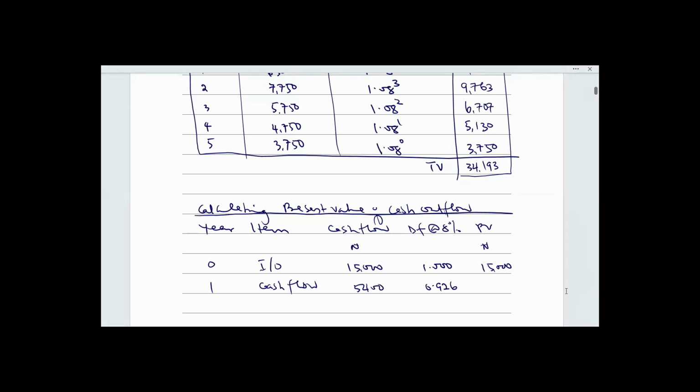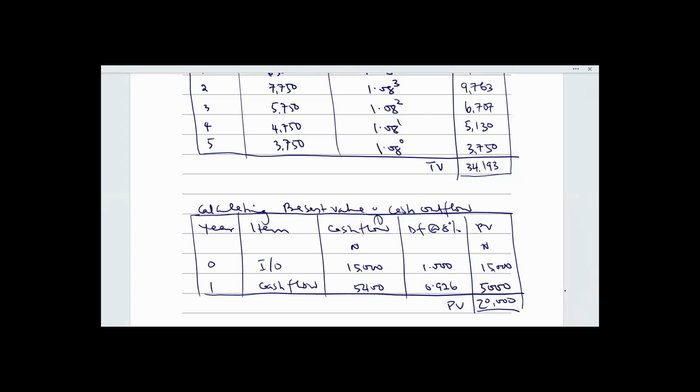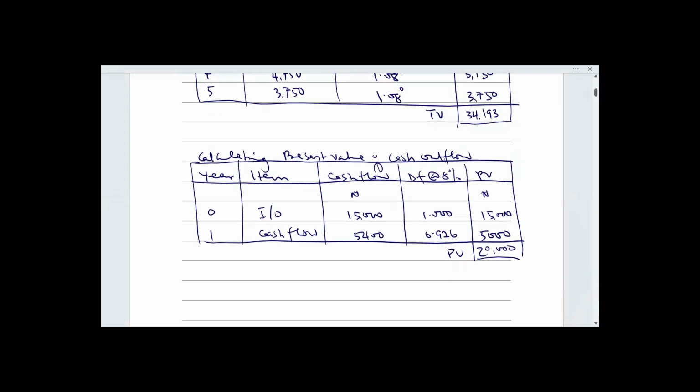So 0.926 multiplied by 5,400 equal 5,000. So 5,000 plus 15,000 will give us 20,000. That means the present value of cash outflow is equal to 20,000 naira. Okay, so that's that. So we have calculated terminal value for positive cash flows. We've also calculated present value for negative cash flows.